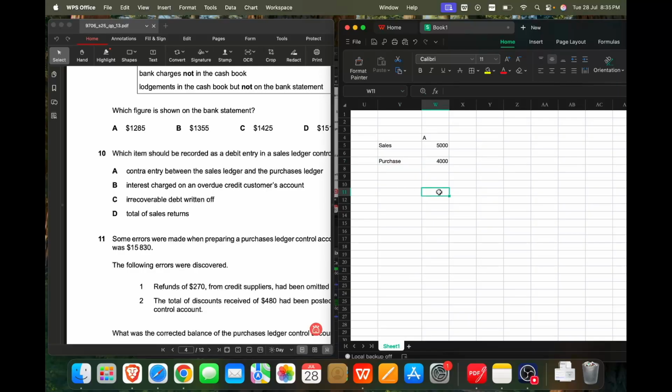Now if you want to settle this transaction, what I can do is ask A to pay 5,000 and then I pay him back 4,000, or in simple terms I can just ask him to pay me 1,000. Okay, this is the more logical thing to do. So what happened here is I subtracted 4,000 from my sales and also 4,000 from my purchases.